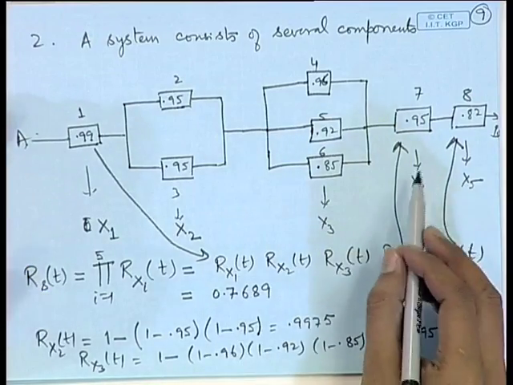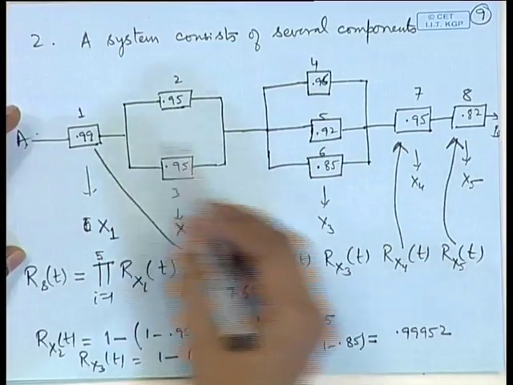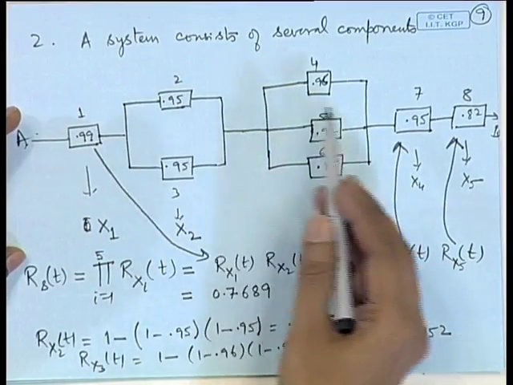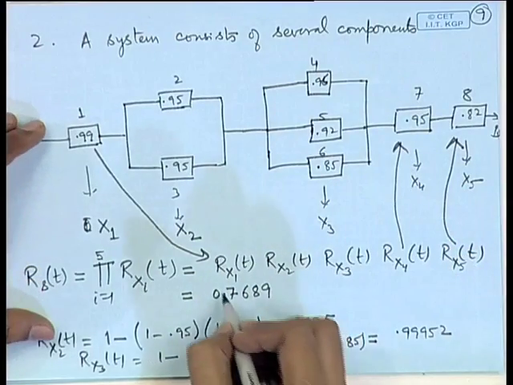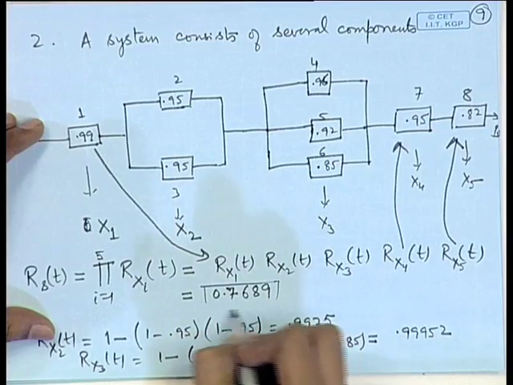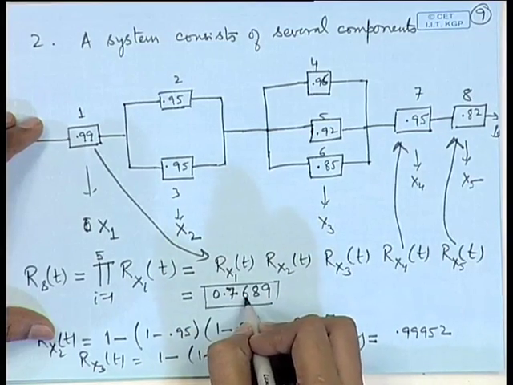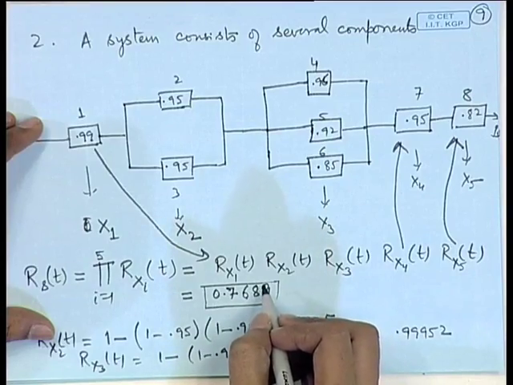One more thing we should notice here: the reliabilities of the individual systems are quite high, for example, 0.99, 0.95, 0.95, 0.82, etc. But if we look at the reliability of the compound system, it is 0.7689, which is much smaller, which shows that when we multiply the probabilities, they become smaller, because each of the numbers is less than 1.